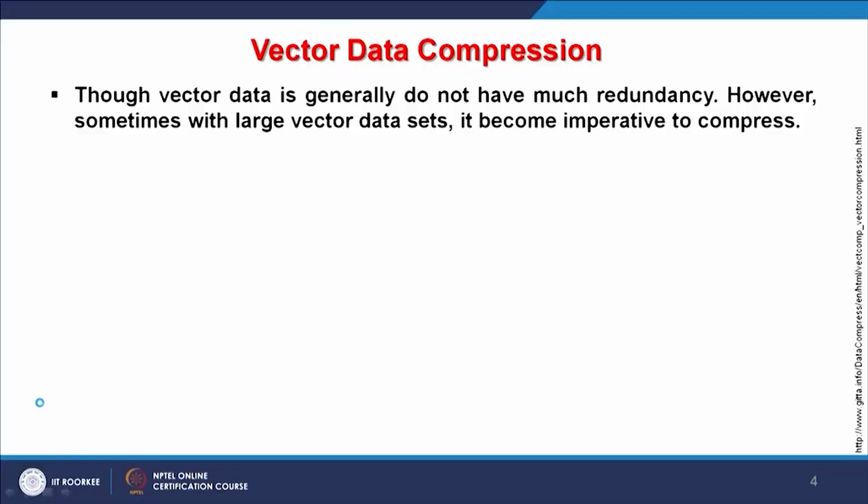Every file may not become 5 MB, but I am just taking an example. At the same time, if I have vector data of 10 MB and I apply compression or some other tool, then probably I may not achieve 5 MB, I may get even 9 MB or 7 MB, because obviously vector data has less redundancy all the time. So vector data generally does not have much redundancy, as I have already discussed.